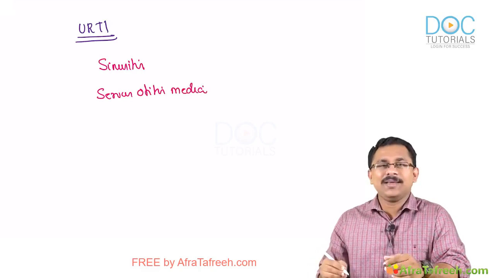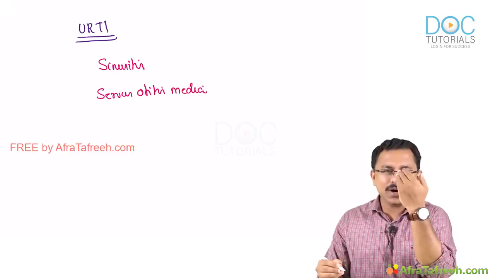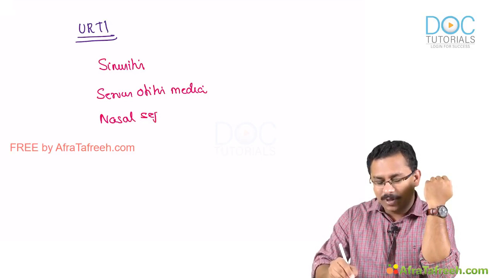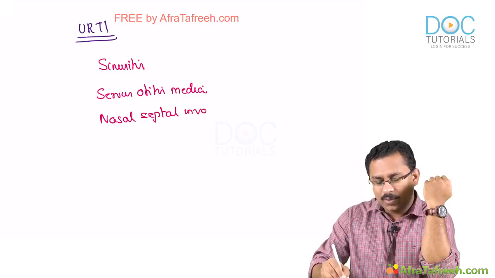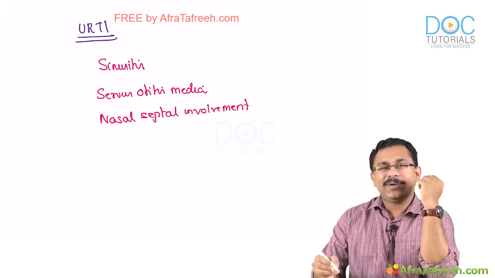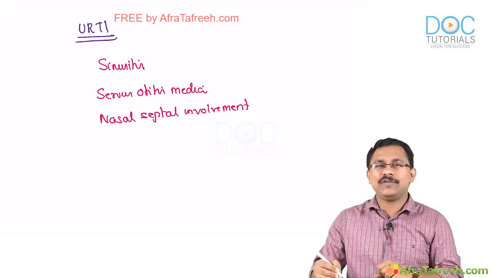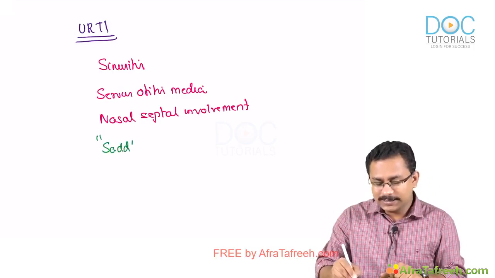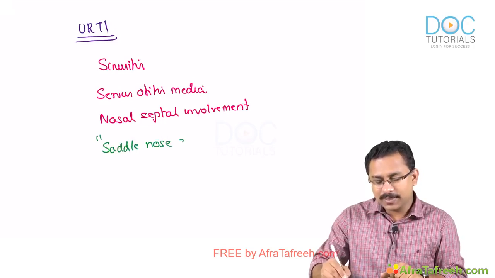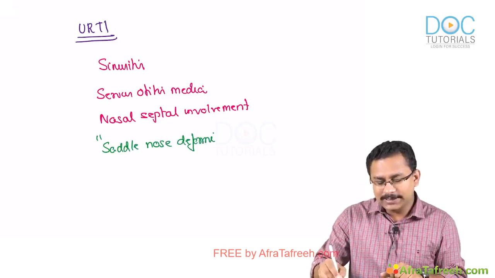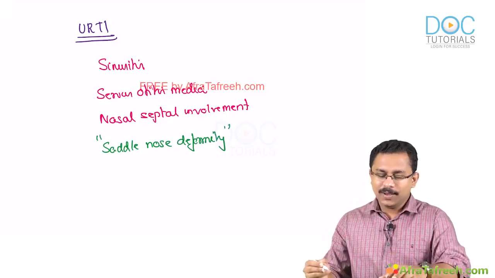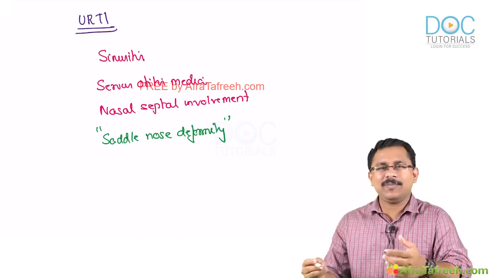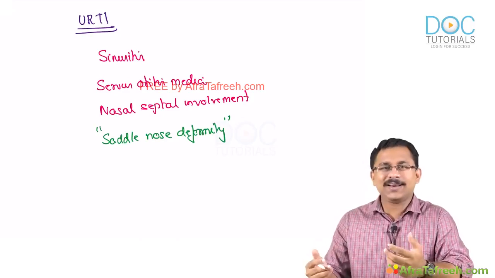You can have involvement of your nasal septum, sometimes even leading on to perforations or sometimes even deformities of your nose. A characteristic deformity is often referred to as the saddle nose deformity. I will show you the picture in a while. Saddle nose deformity. Okay, so sinusitis, serous otitis media, nasal septal involvement, these are the predominant upper respiratory involvements.